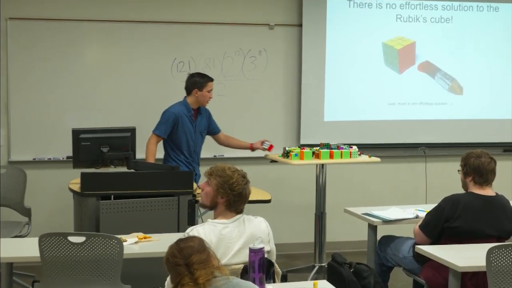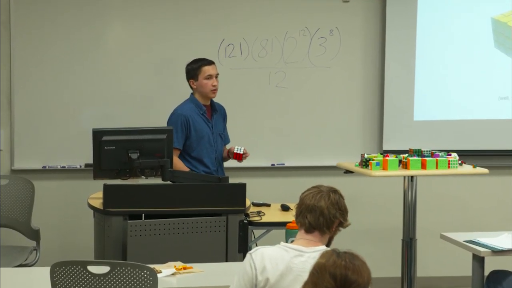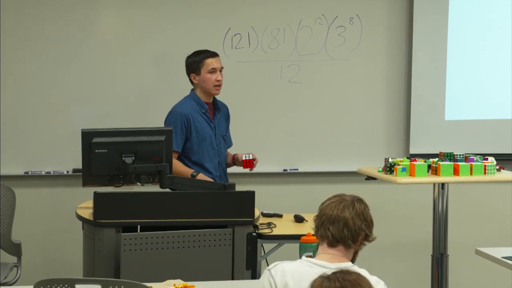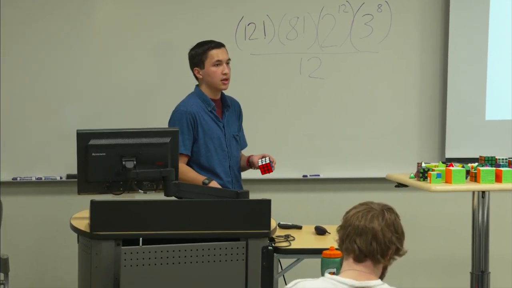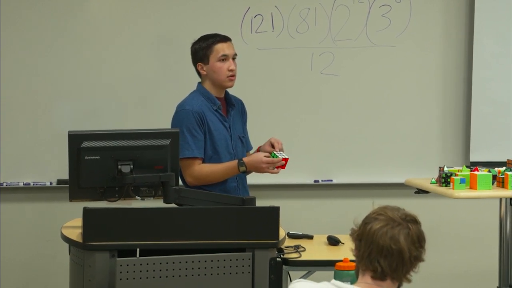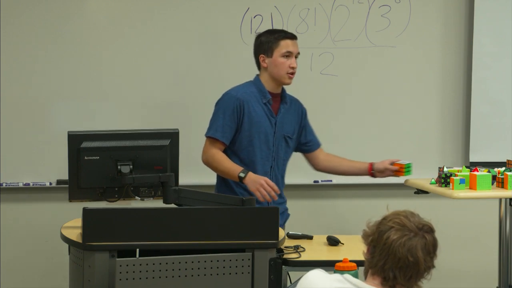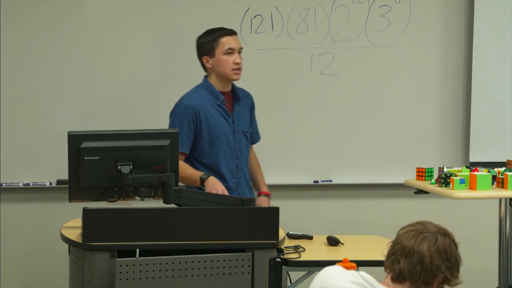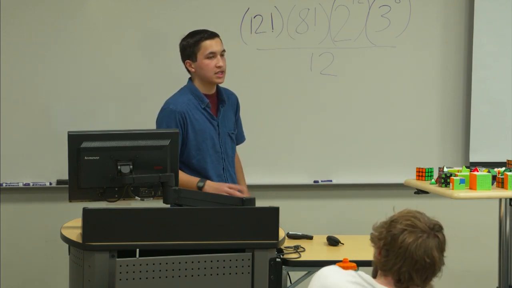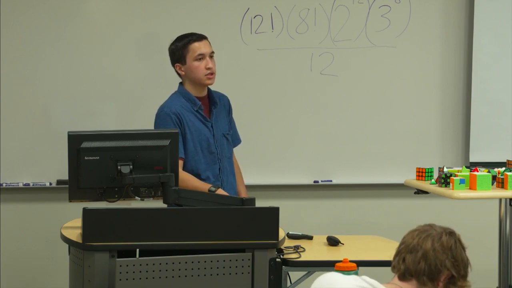The one that takes the most moves for the optimal solution, the 20 number, is actually called the superflip position. That's when you take every single edge and flip it around. And that is a 20-move solve. And that is the maximum. That's one of those cases where it's the maximum number of turns for the optimal solution.